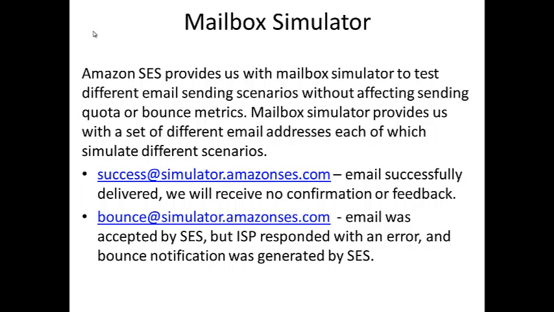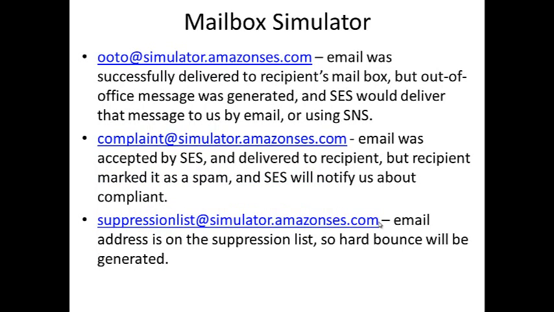There are five email addresses for different scenarios: successful delivery, bounce, where a bounce will be generated for our message, out of office, where an automatic response will be generated and we will receive it, complaint, and suppression list, where the address we're sending the message to is on the suppression list.